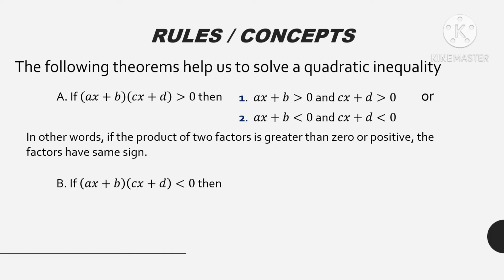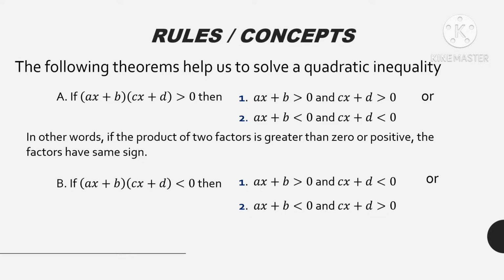Okay? So, yun yung case, yun yung theorem 1. Then, second, if the quantity ax plus b times the quantity of cx plus d is less than 0, then there are two possible conclusions. Ax plus b is greater than 0, meaning positive yung ax plus b, and cx plus d is less than 0. Negative naman yung cx plus d. Or, if ax plus b is less than 0, then your cx plus d should be greater than 0.